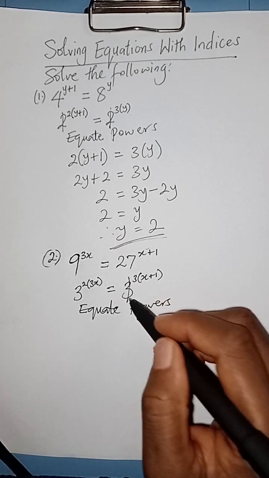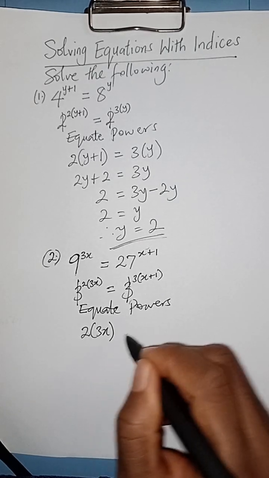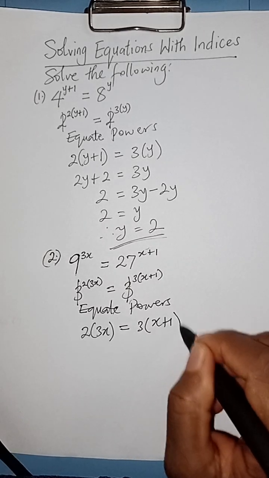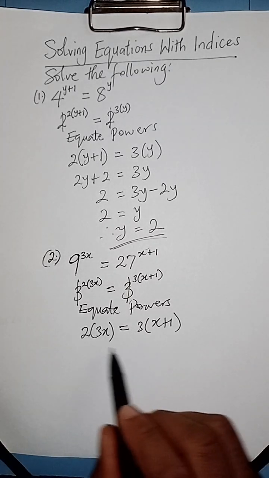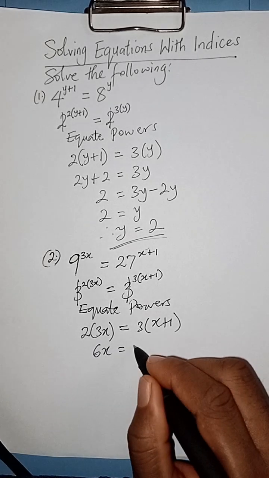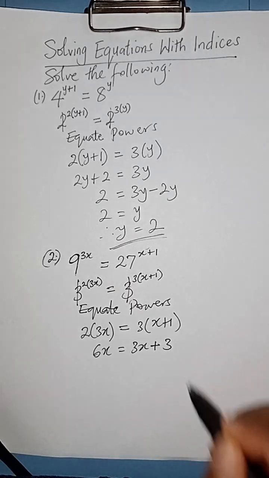So I can cancel out the base. So I'm left with 2 open bracket 3x close bracket equals to 3 open bracket x plus 1. So let's expand the bracket. 2 times 3x is 6x. 3 times x, 3x. 3 times plus 1 is plus 3.